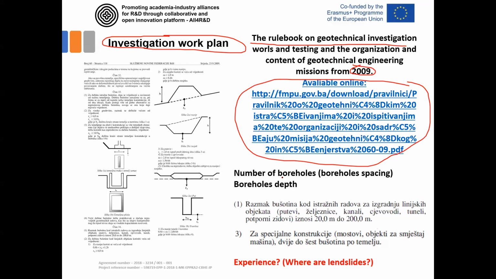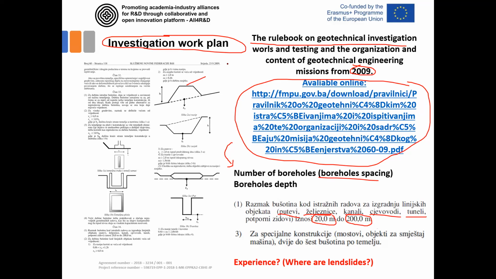When you look at the most important question regarding this, and that's the number of boreholes or borehole spacing, you will not find a lot in this document. Actually, you'll find that for highways, railways, channels, pipelines, tunnels, and similar so-called line structures, the minimum spacing between the boreholes must be 20 meters and maximum spacing must be 200 meters.